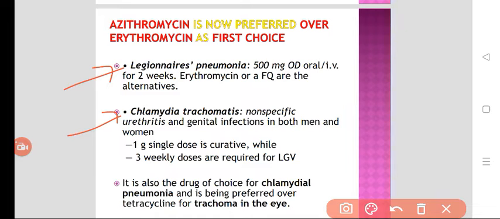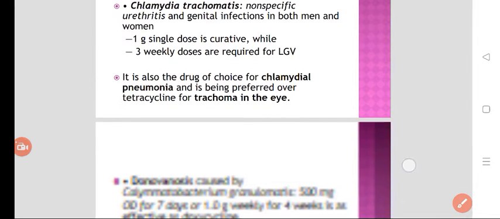It is also a drug of choice for chlamydial pneumonia and is preferred over tetracycline for trachoma in the eye.